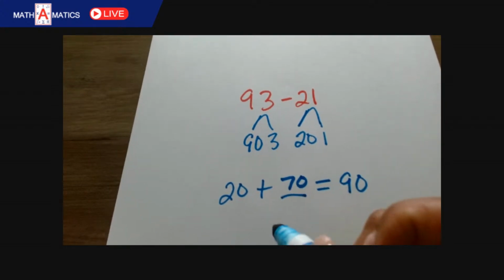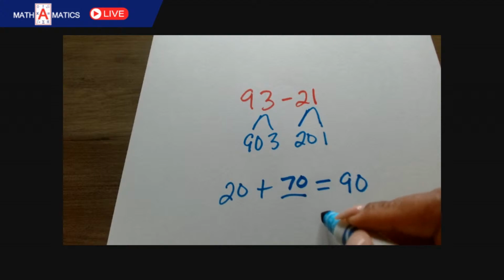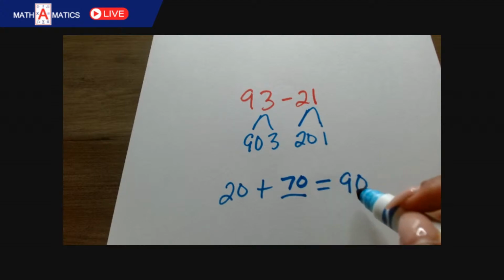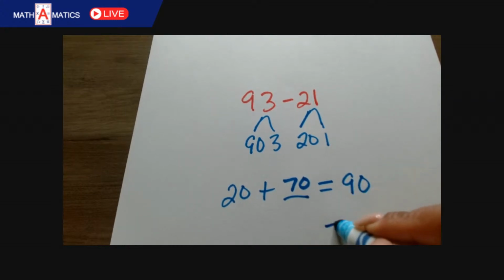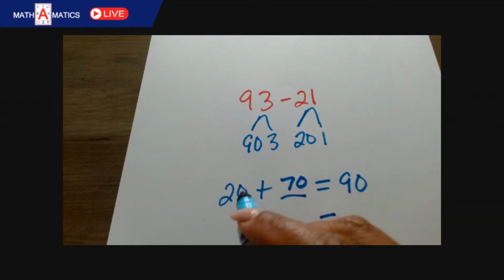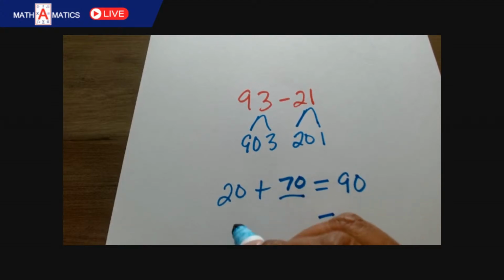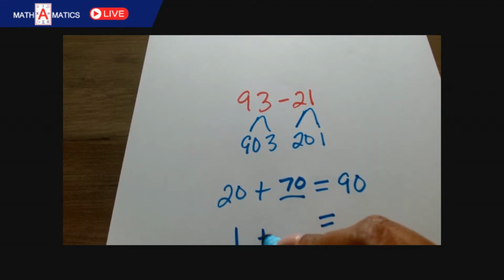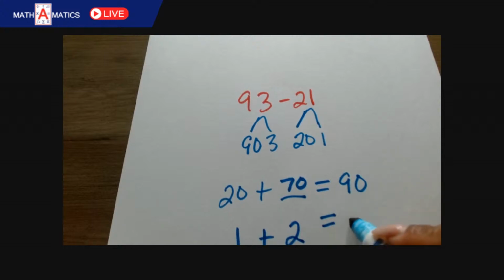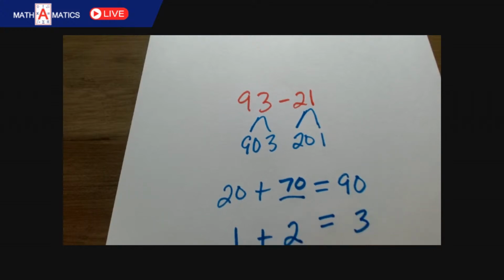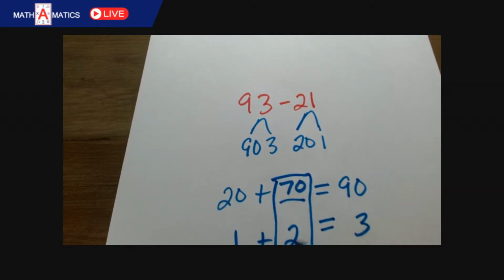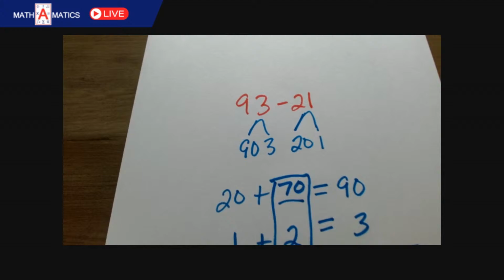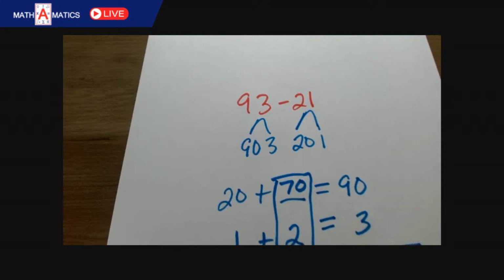So we know that 70, we're 3 short from here. We know 1, which is from our 21, plus 2 is equal to 3. Stick with me. So our 70 plus our 2 is 72, which gives us our 93 and our 21. So 72 would be our answer.